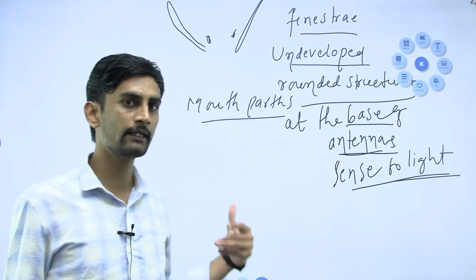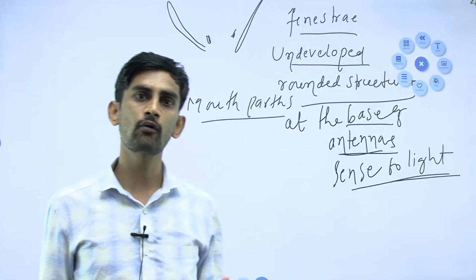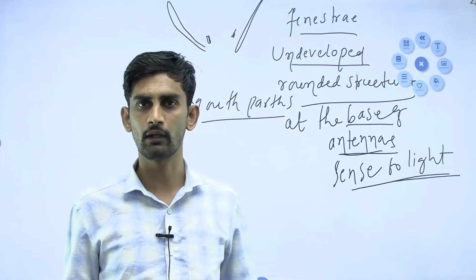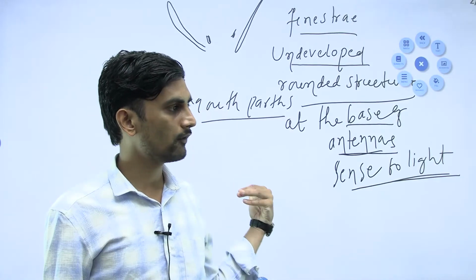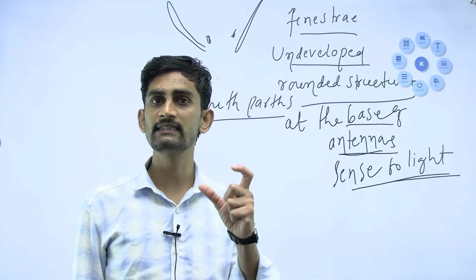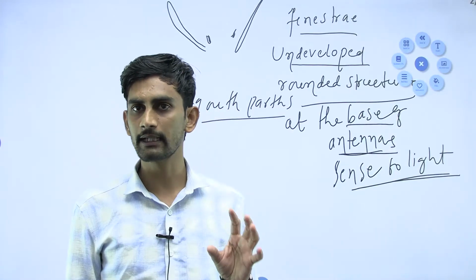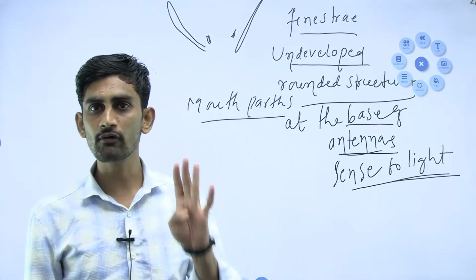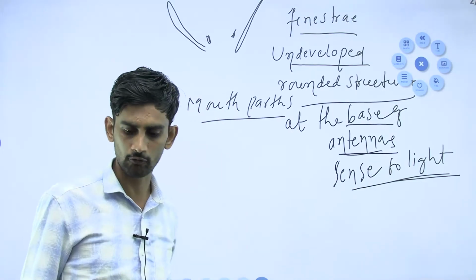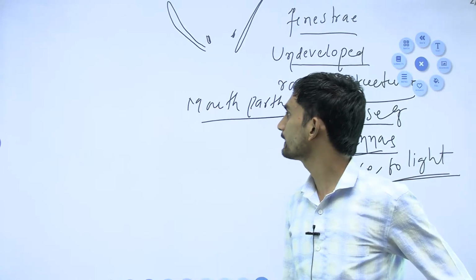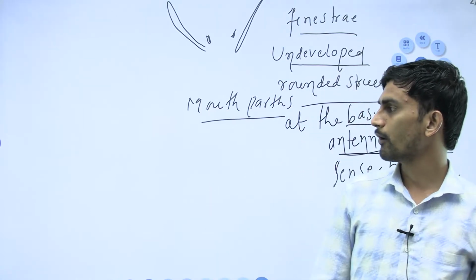Then followed by what is meant by fenestrae or simple eyes, where you find them and what is their important role. Then followed by what are antennae, where you will find them, and the main function and other functions of the antennae. And the fourth sensory structure is called mouth parts. What are the different types of mouth parts you find in the cockroach mouth region?